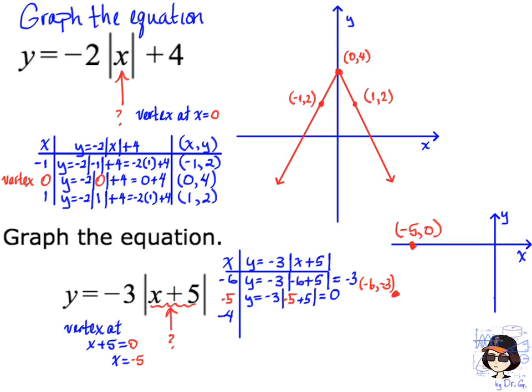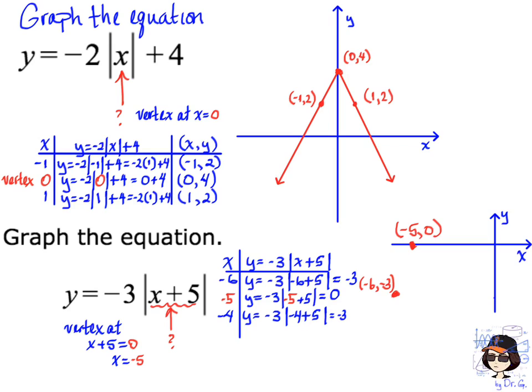And let's do the last one. The x-coordinate was -4, so the y-coordinate is -3 times the absolute value of -4 plus 5. -4 plus 5 is +1, and the absolute value of +1 is just 1. So we have -3 times 1 again, which is -3.